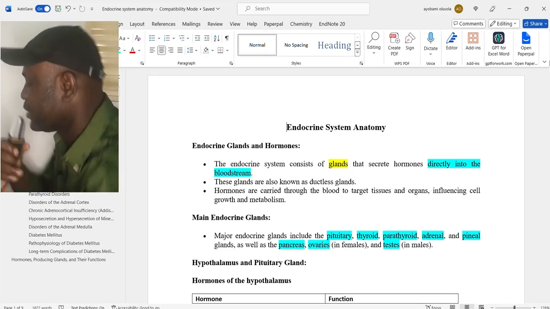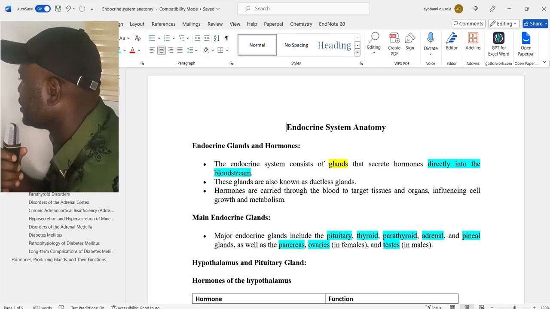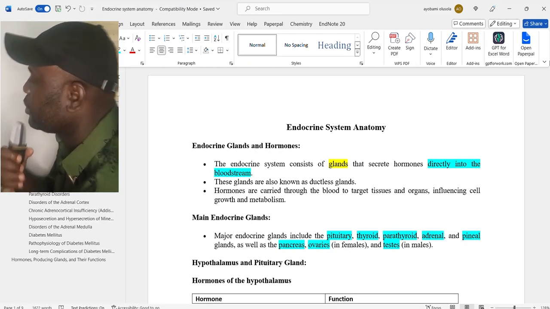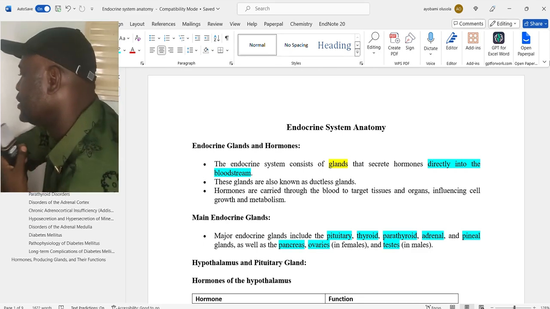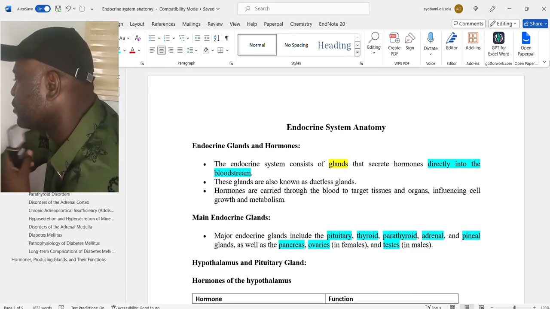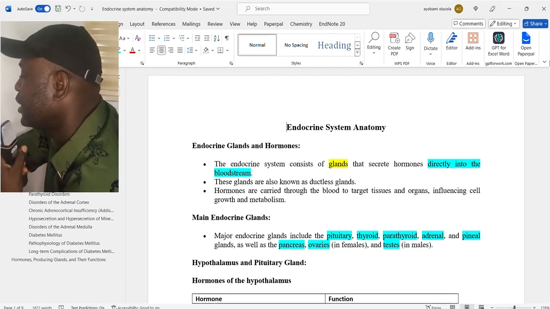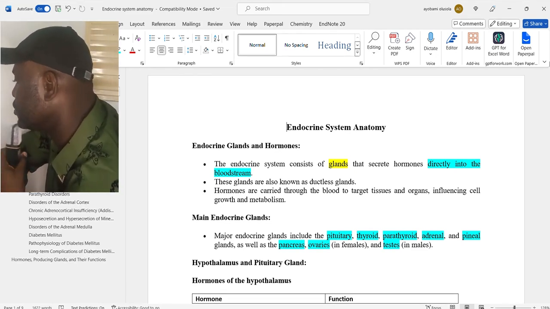Okay, so let's quickly run through the endocrine system anatomy. Anytime we say endocrine system, we know that we are talking about endocrine glands and the hormones that they produce.